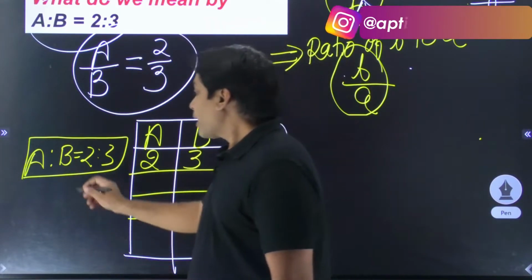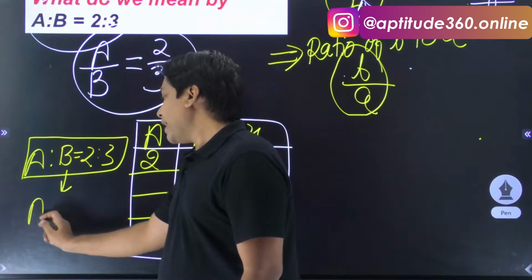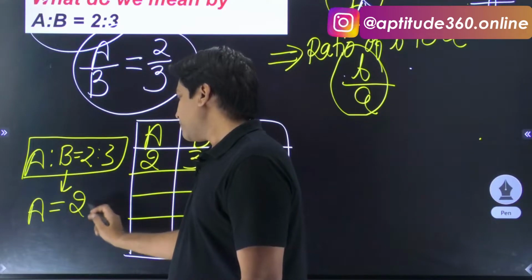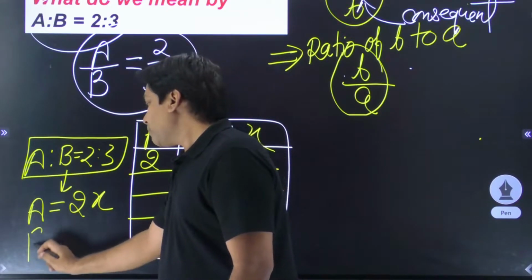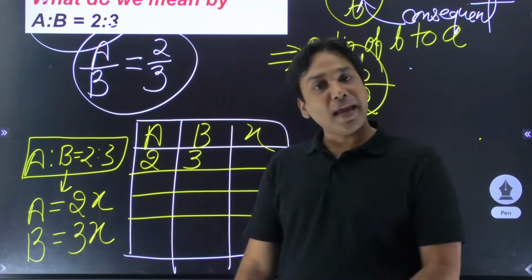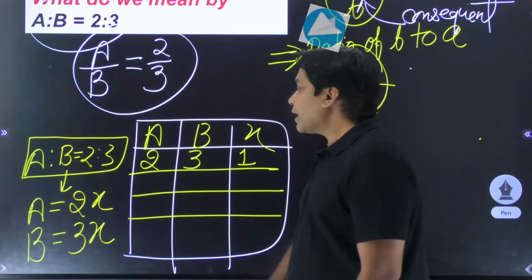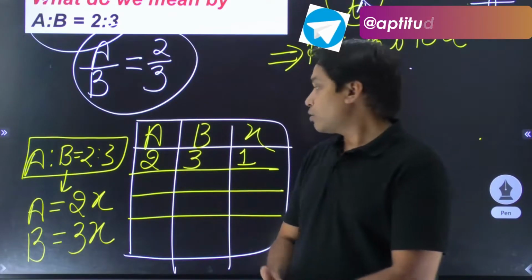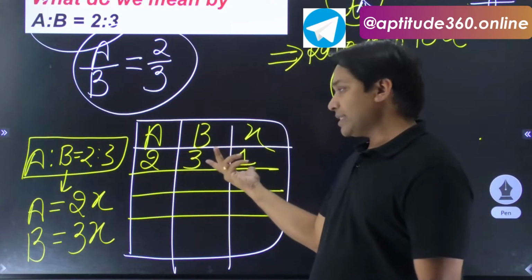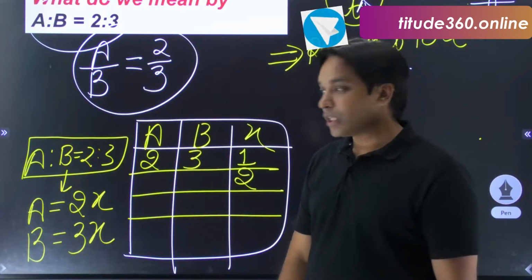So to avoid that ambiguity, what should we do? We should write here A as 2x and B as 3x. Now what is this x? As I said here, one is this value, A is 2 B is 3, whereas x is 1. When I put x as 2, then what is going to be the value of A?